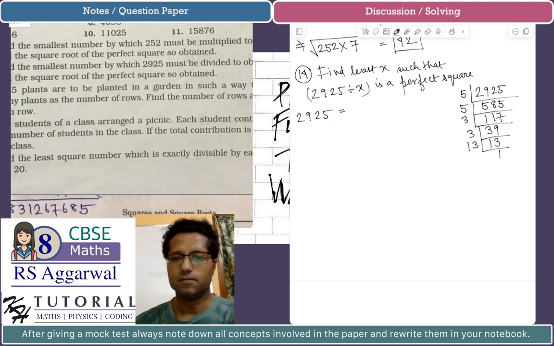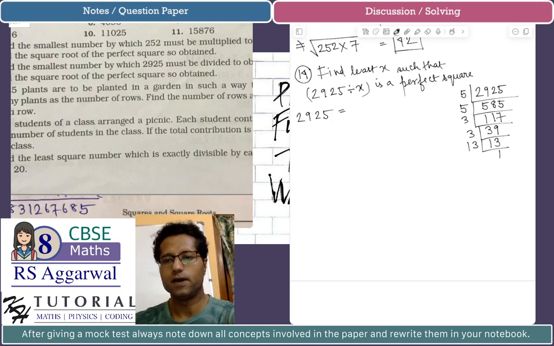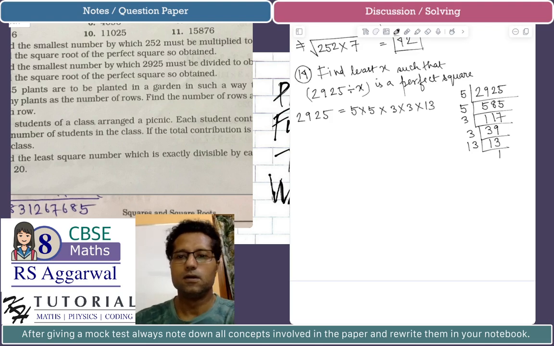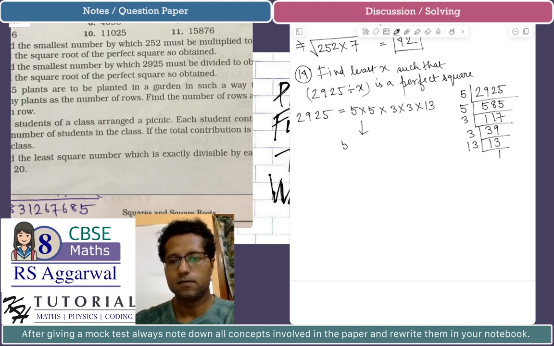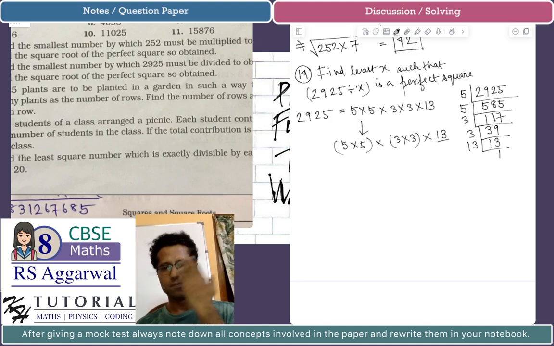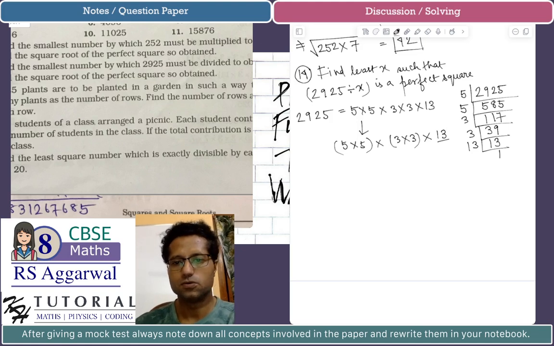So the prime factorization of 2925 will be 5 multiplied by 5 multiplied by 3 multiplied by 3 multiplied by 13. Now, if I express these prime factors as pairs of equal factors, this will be one pair, this will be another pair, and 13 will be left behind. So 13 is the number by which we should divide 2925 to get a perfect square. So x is equal to 13.